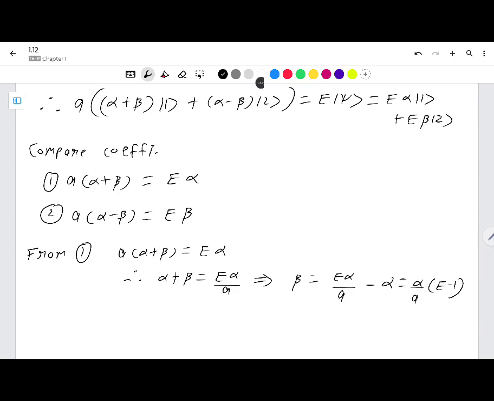Okay, so if we substitute this value of beta into equation 2.